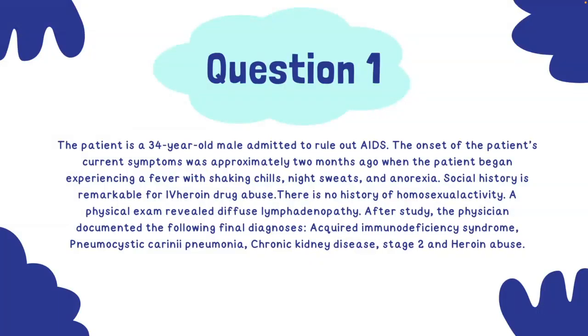So, as I read the first sentence, the first guideline that comes to mind for me is the fact that I see the word rule out. And according to section 2 of your ICD-10-CM guidelines, in the inpatient setting, you can code rule out diagnoses as though they exist.